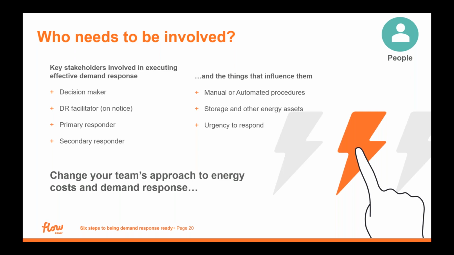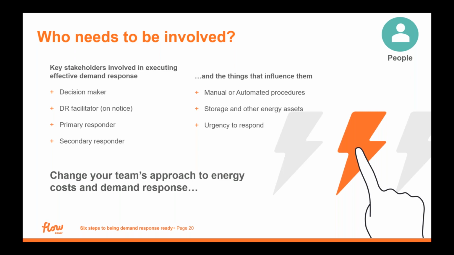So getting the decision makers who might be in the financial or commercial teams to agree on implementing a demand response strategy, and perhaps even implementing KPIs across businesses, through to often we have middle level management who might manage several sites or oversee teams of staff. They need to be across and managing how demand response will impact production or impact the site.